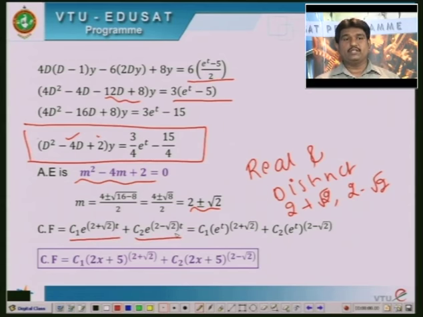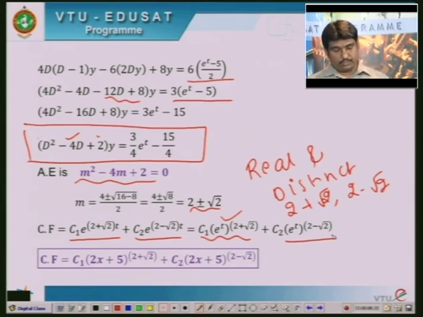So CF is C1 e^((2+√2)t) + C2 e^((2−√2)t). Now use the law of indices. You can write e^((2+√2)t) as (e^t)^(2+√2), and e^((2−√2)t) as (e^t)^(2−√2).